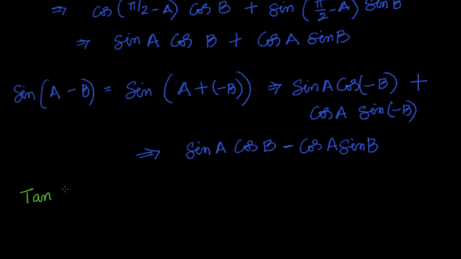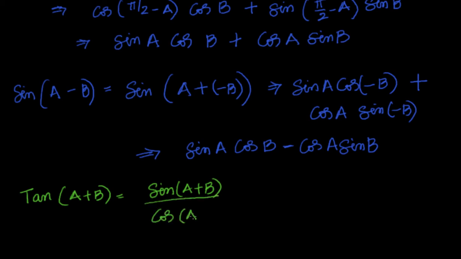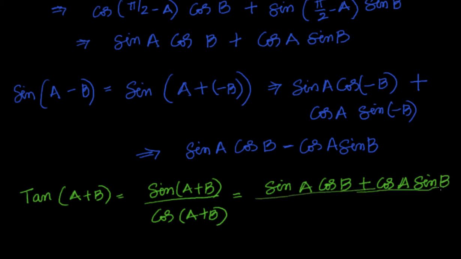Tan of (a + b) is equal to sin of (a + b) divided by cos of (a + b). We know that sin of (a + b) is nothing but equal to sin a cos b plus cos a sin b, divided by cos of (a + b), which is nothing but equal to cos a cos b minus sin a sin b.